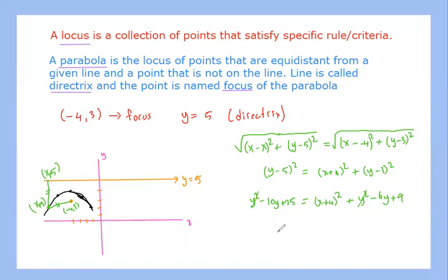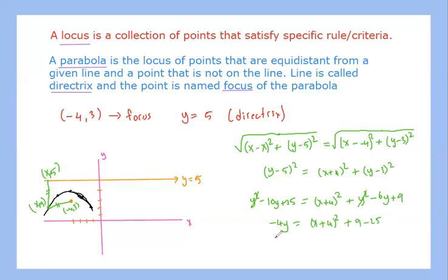So y squared and y squared will cancel. Then I'll add 6y to both sides, so that will be negative 4y. Then I will subtract 25 from both sides, so that should be (x plus 4) to the second power, plus 9 minus 25.